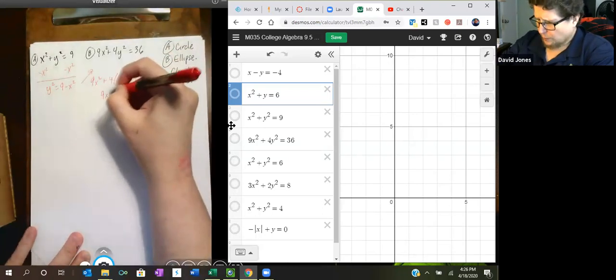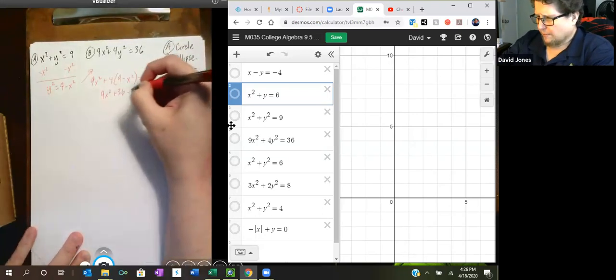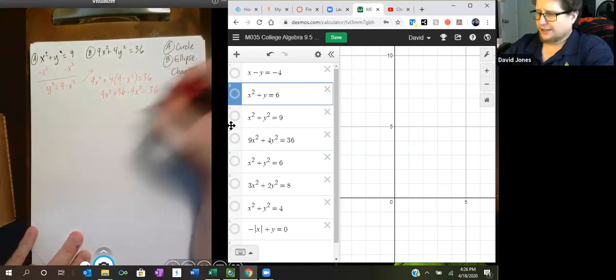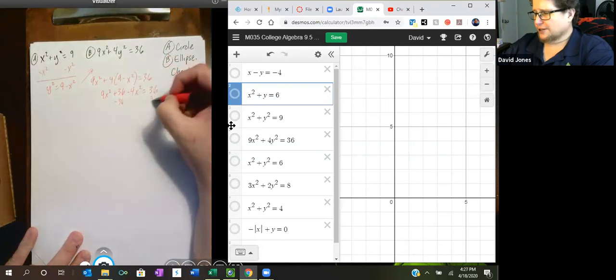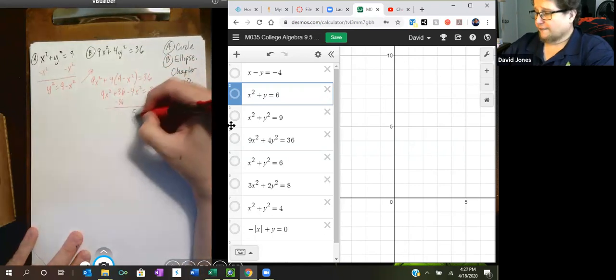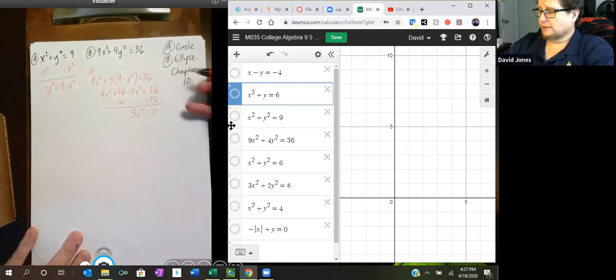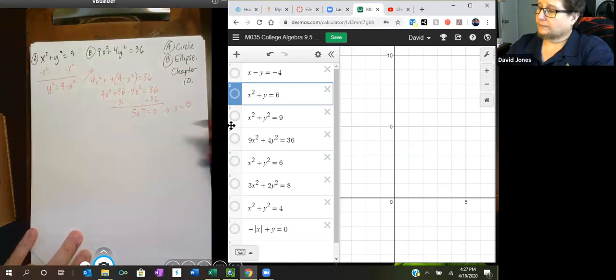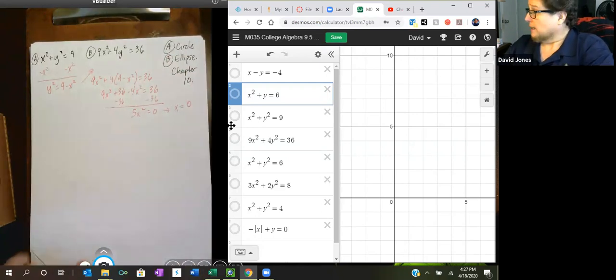Nine x squared plus 36 minus 4x squared equals 36. If I subtract 36 and combine like terms, I get 5x squared equals 0. X equals 0. You divide by 5, take the square root, you just get 0.